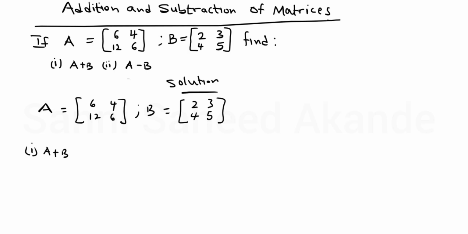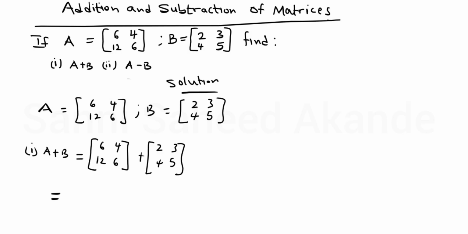So firstly, we are looking for A plus B. A plus B will be equal to, what is the value of A? A is 6, 4, 12, and 6, then plus B, and our B is 2, 3, 4, and 5. Now let's add it together. This is how to add.